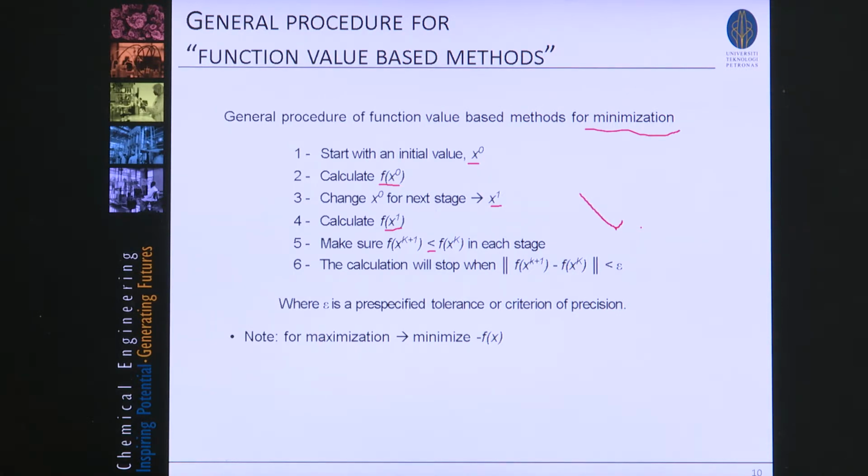Or if we use a delta x small enough, and for example we come across a function where we are stuck already, meaning the difference between the new value and the old value is less than our error tolerance, we can also stop. For maximization, we could also negate the objective function and then minimize it.